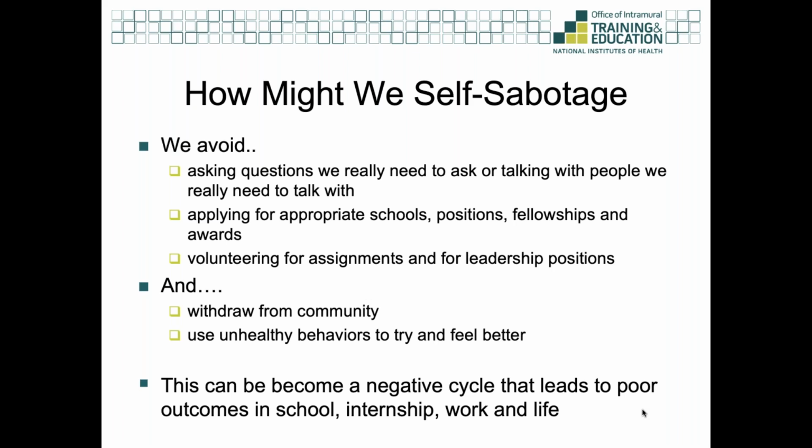Self-sabotaging behavior also can lead to us withdrawing from the community and using unhealthy behaviors to try and feel better. And this can become a really negative cycle. So it leads to poor outcomes in school, internships, work, and life. That negative outcome leads us to feel worse about ourselves, which leads to more self-sabotaging behavior, which leads to more negative outcomes.